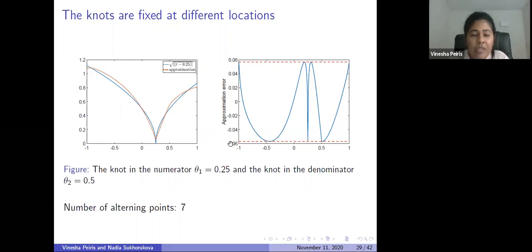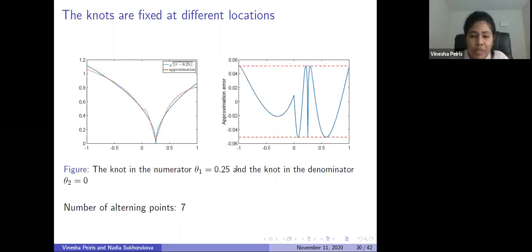And if we keep the knot in the numerator at the same place, where the correctly identified knot point is, and if we move the knot in the denominator to 0, we get 7 alternating points. But here again we have this peak ready to go up, this peak ready to go down. So hopefully if we reduce the precision variable of the bisection algorithm, we may probably get more than 7 alternating points.